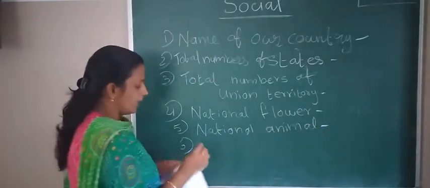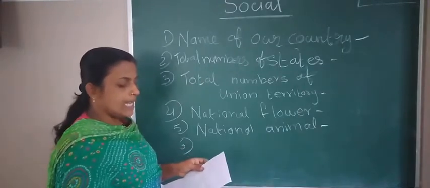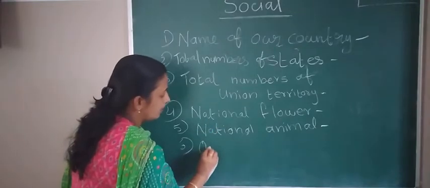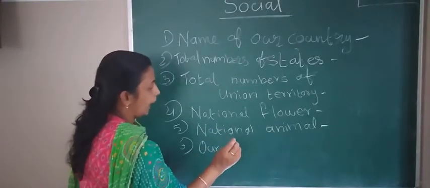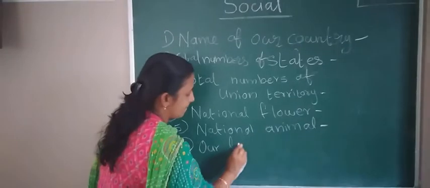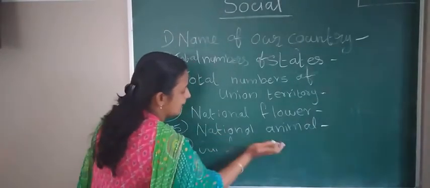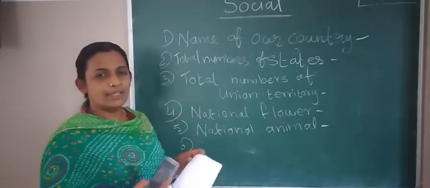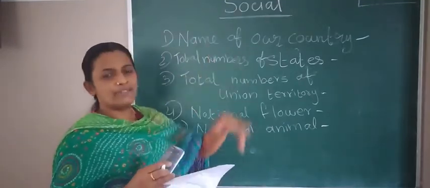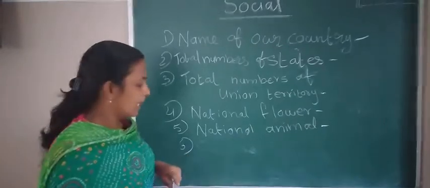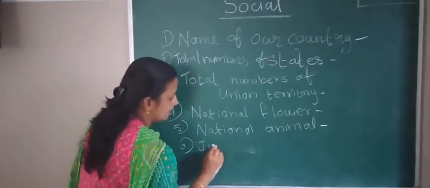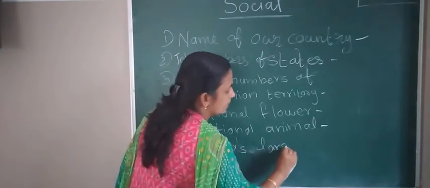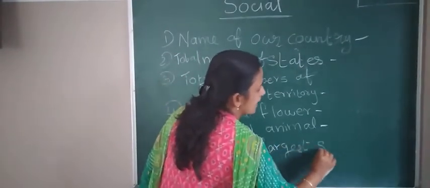And the sixth one, India's largest state. That's better, we can write it here as India's. Why has Miss not given that? Here one question is the name of our country, that you already know. India's largest state.